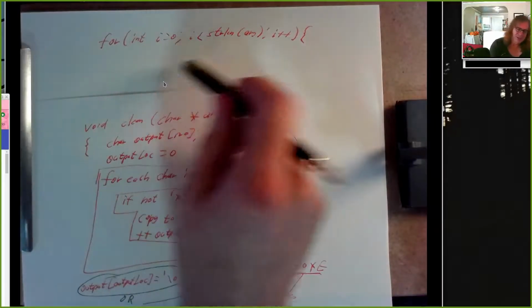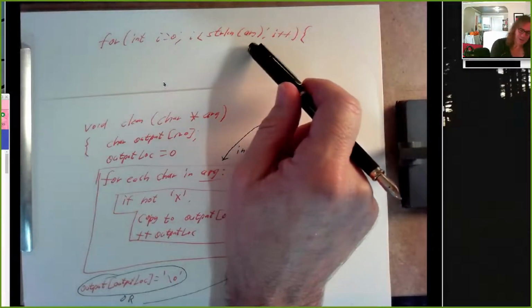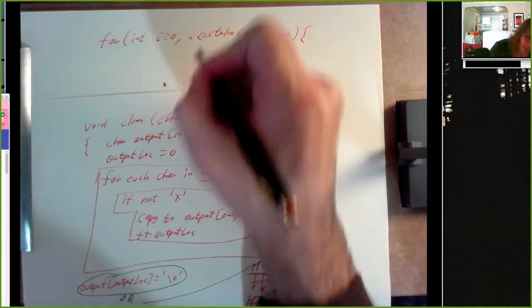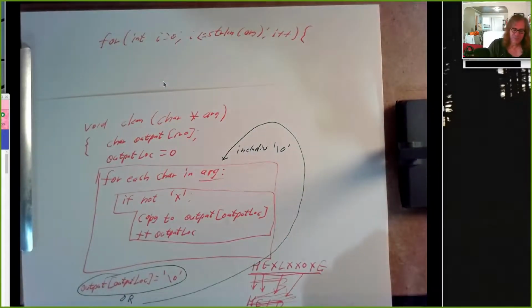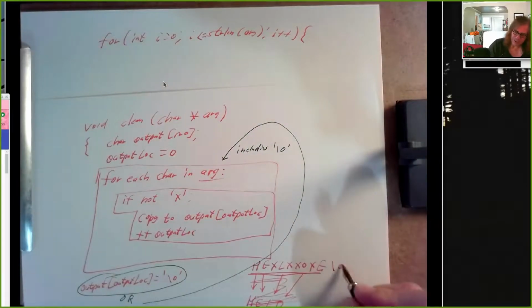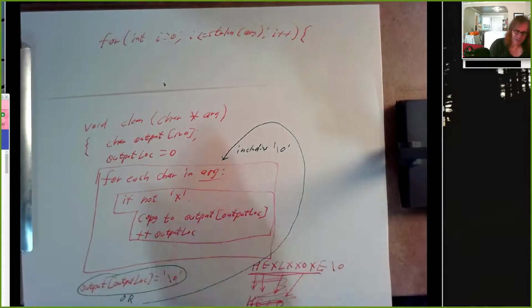So i starts at 0, it goes up to and including string length minus 1, which will be whatever the last character is. If instead I do i less than or equal to, the last time through this loop, i will be pointing to the null terminator. And since it's not an X, it'll get copied to the output, and I don't have to do this extra step at the end. Either way, but ideally make sure both of those approaches make sense.